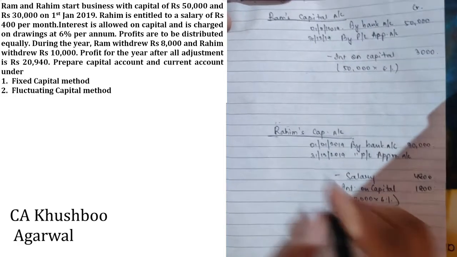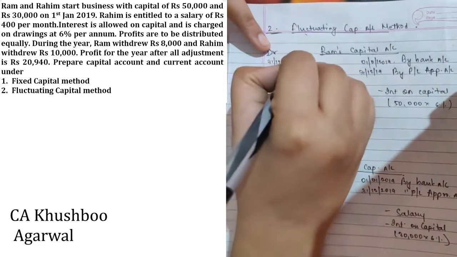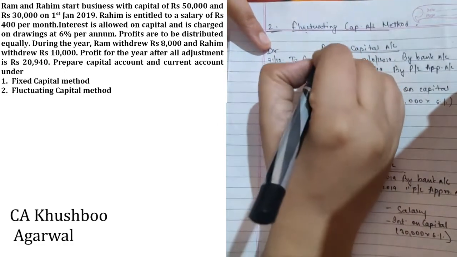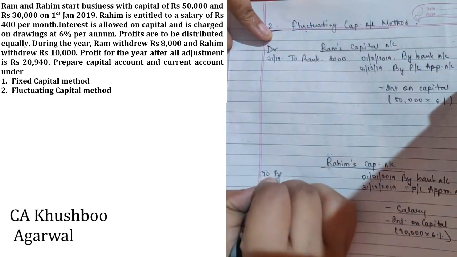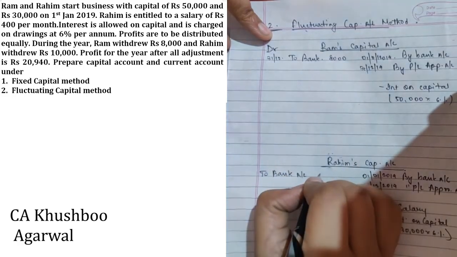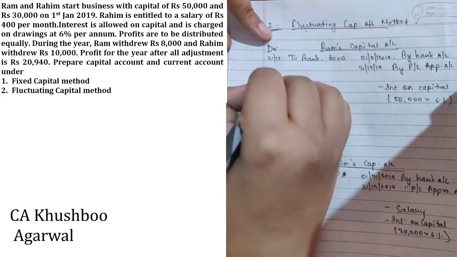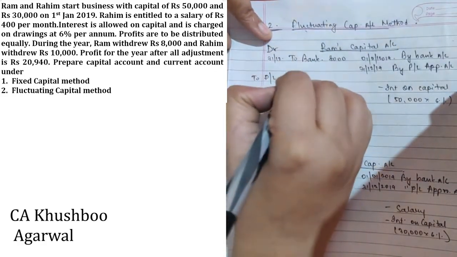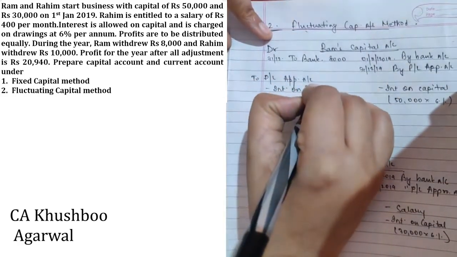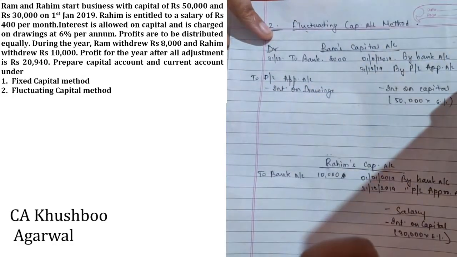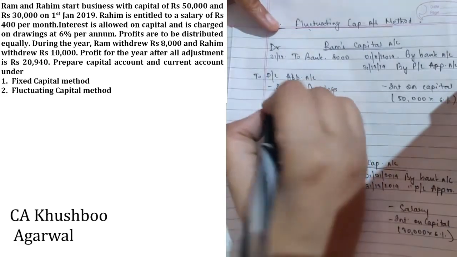Next we have Ram withdrew 8,000 rupees. So to bank account for drawings is 8,000 for Ram and 10,000 for Rahim. Similarly, to PL appropriation account, interest on drawings we'll be taking as for only 6 months, because we have not been given the exact date of drawing.